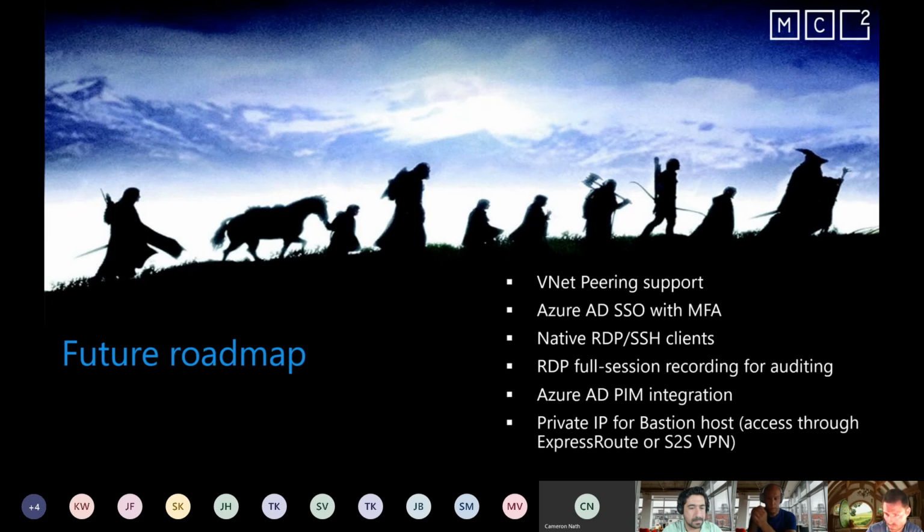Then full session recording for auditing purposes, because some companies have a policy that every RDP session is recorded, especially if you go to manage your virtual machines. Azure AD PIM integration, again for the access policies. Also, at this time your Azure Bastion host will get a public IP because you need to connect to the Azure Bastion host.